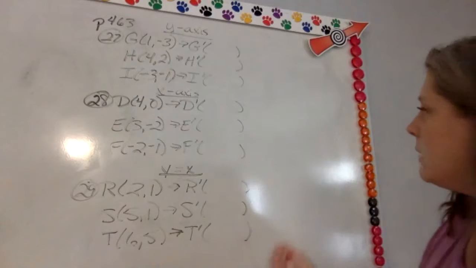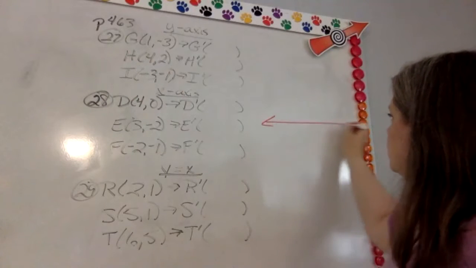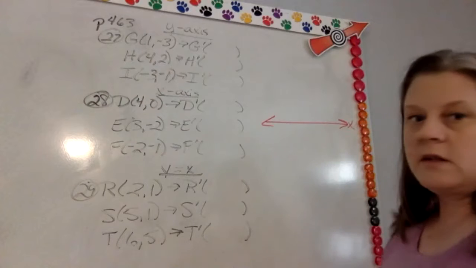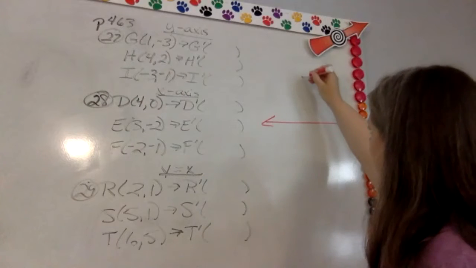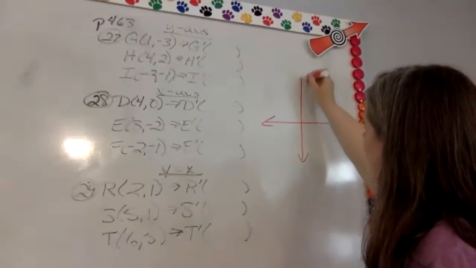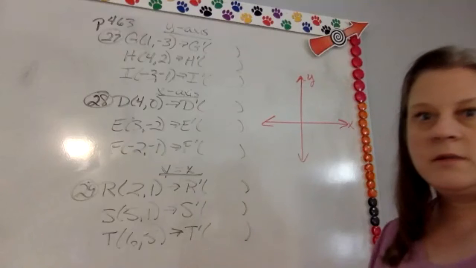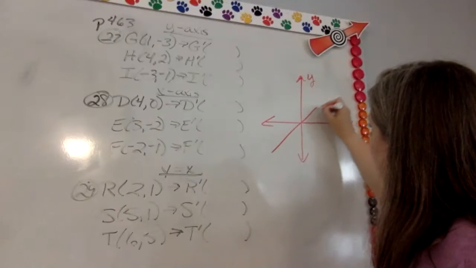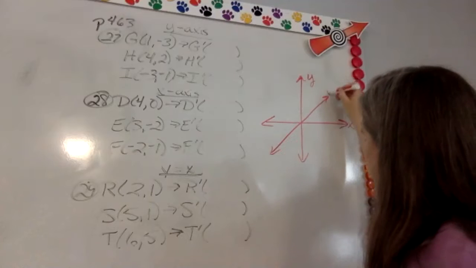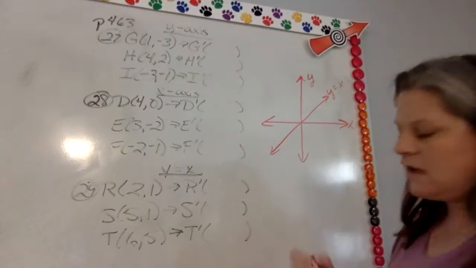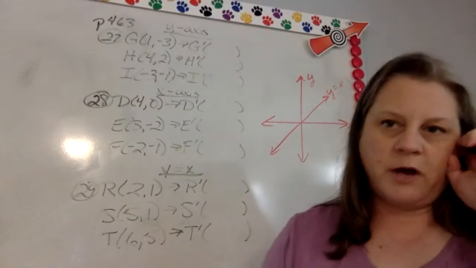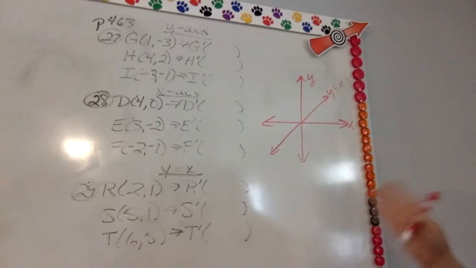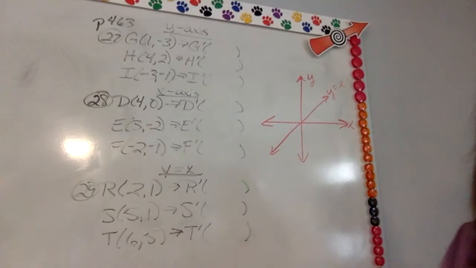If you remember what we talked about yesterday, your x-axis is the horizontal axis going straight across. Your y-axis is the vertical axis, going straight up and down. And then you have the line y equals x, which is a diagonal line going from the bottom left to the top right. Okay, so these I told you were our three main ones we were looking at.